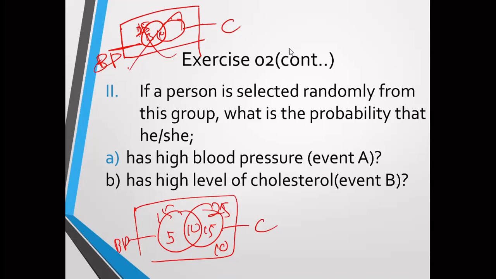If a person is selected randomly from this group, now we are selecting one person from this entire group, not only from the 30 people who have any of the diseases, but from the group of 40 people. Understand? What is the probability that he or she has high blood pressure?